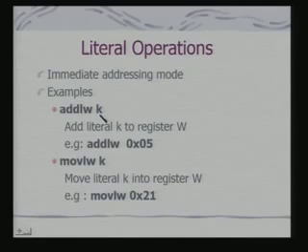So, this literal k, which is part of your instruction, you are adding to the content of register W. So, if you look at this example, this 5 is actually added with the content of W, and the result would be stored in W itself. In this case, you are moving a particular value into the W register.